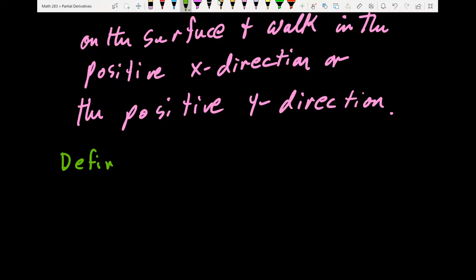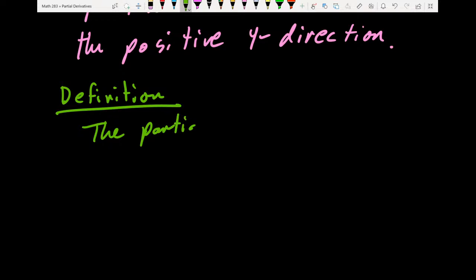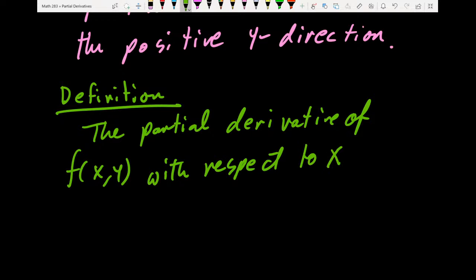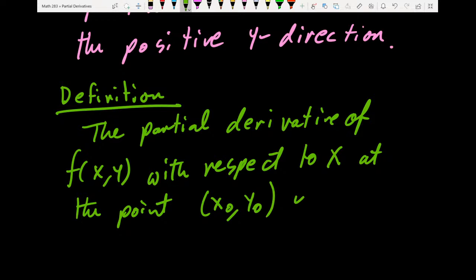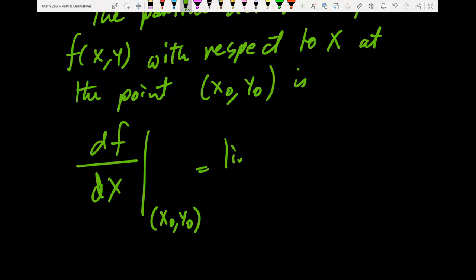Can you guys see green? The partial derivative with respect to x at the point x naught y naught is limit as h goes to 0 of f of x naught plus h.